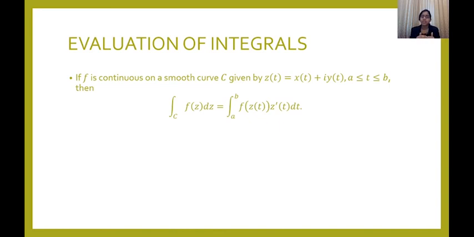The second method was if we have z of t in the form cos t plus i sin t, then we can write cos t plus i sin t is equal to e raised to it, and we can do the further calculations. And finally, which we'll be using mostly, is that we substitute the values of either x or y and make the integration in terms of x or y.